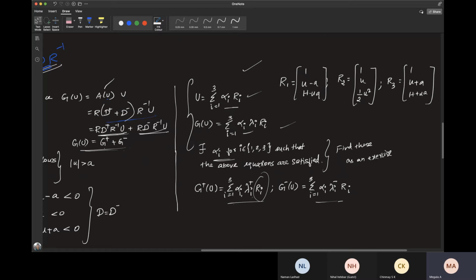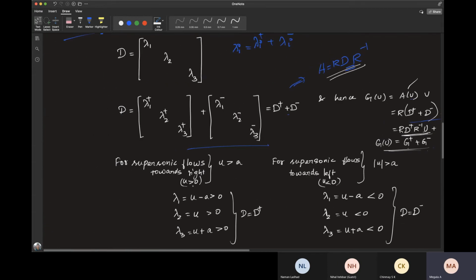Although those are variables, they are just still scalars. You can just do scalar multiplication and then find this quantity. Here the computational power will be less compared to this matrix multiplication. So this whole algorithm can be carried out in this way as well, provided you find out alpha I's that satisfy these two equations.